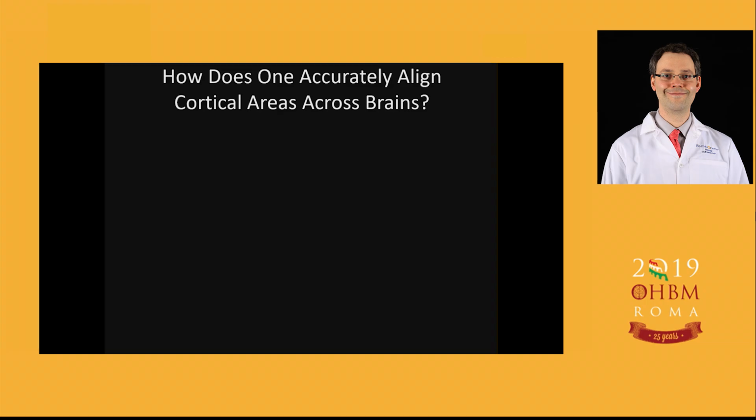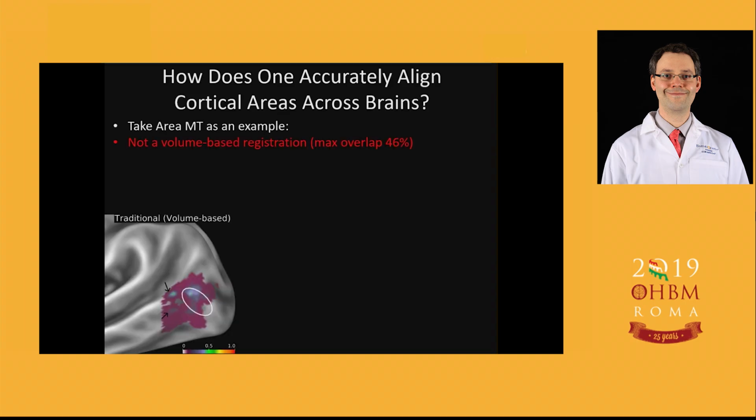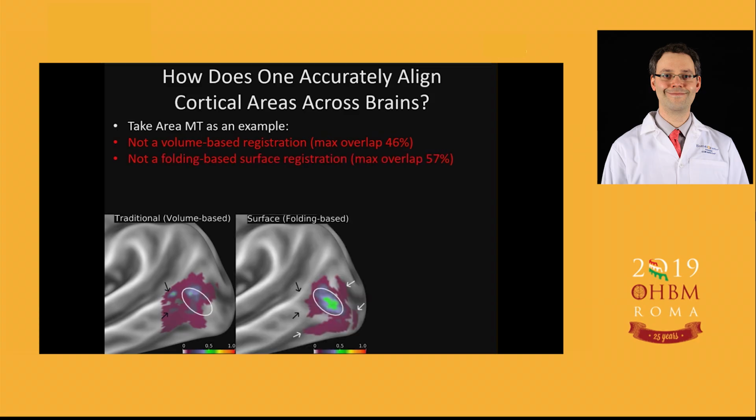So how do we get areas lined up across brains? We can take area MT, the visual motion area in humans, as an example. If we use a volume-based registration, we don't do very well. We end up with only 46% overlap here. We actually have two separate hotspots on the surface here. If we move to a surface-based registration, we do substantially better. We get over 50% overlap, only a single hotspot.